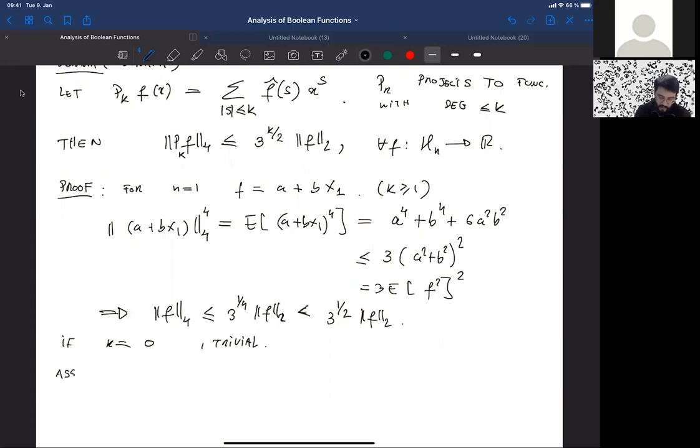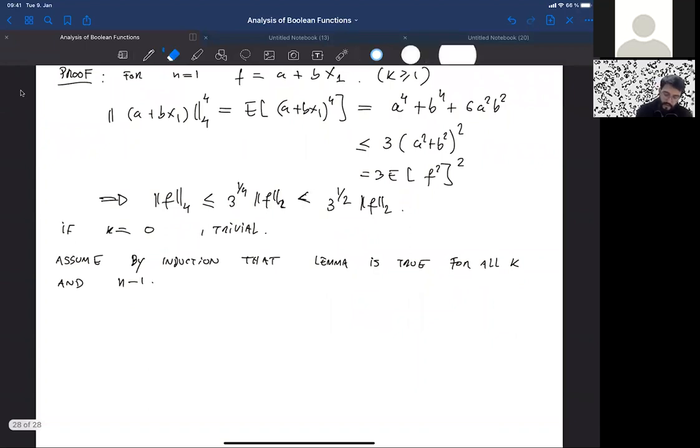So assume by induction that the lemma is true for all k in Hn minus 1.